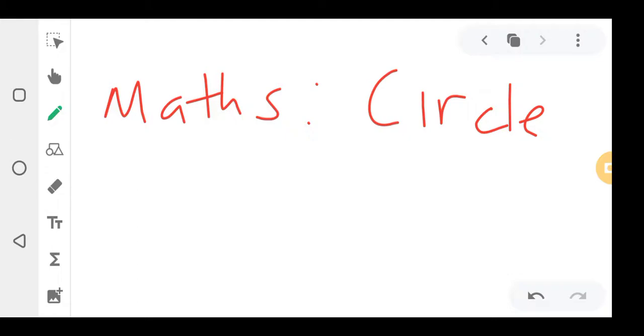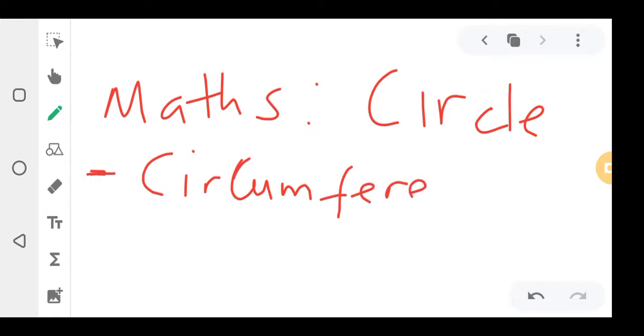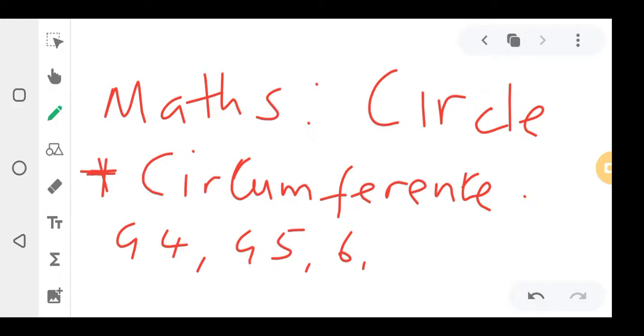We're going to be looking at Circle, and then under Circle we'll be learning what is called the circumference. That's what we're going to be looking at under the Circle. So if you're a grade 4, grade 5, grade 6, or grade 7, this is very important for you, very important.